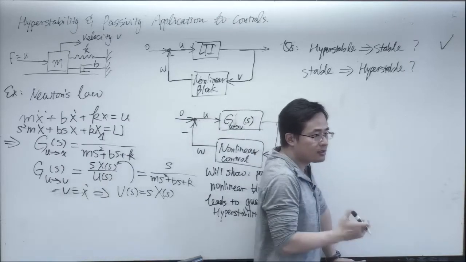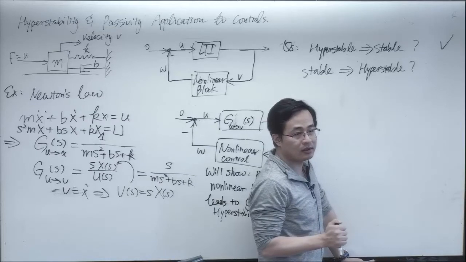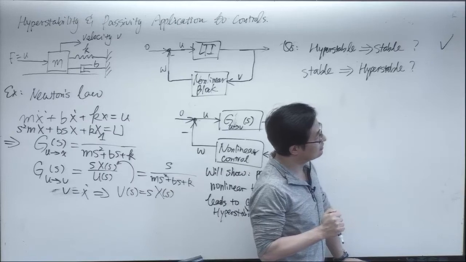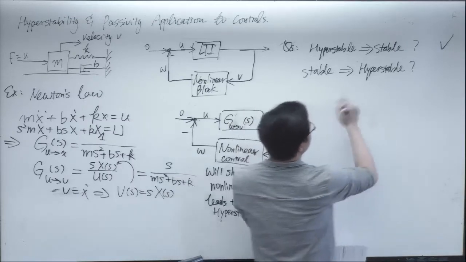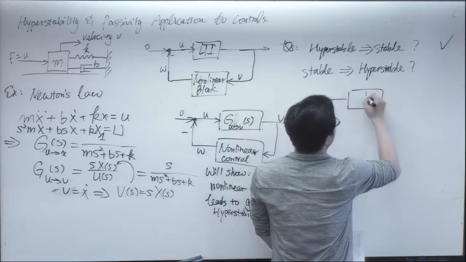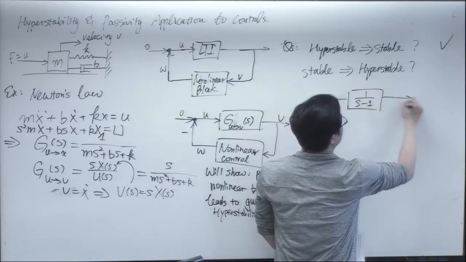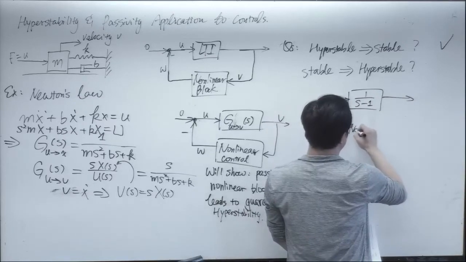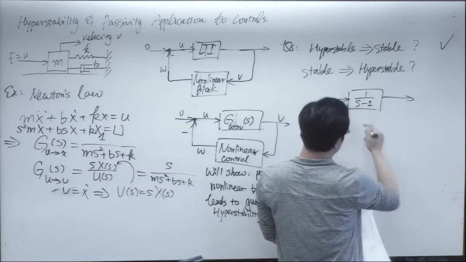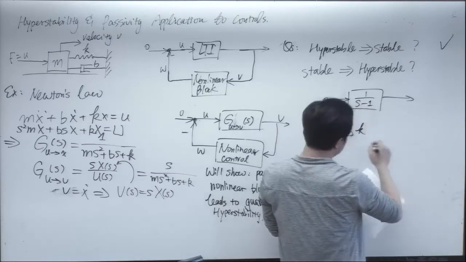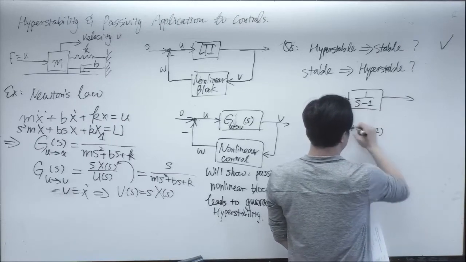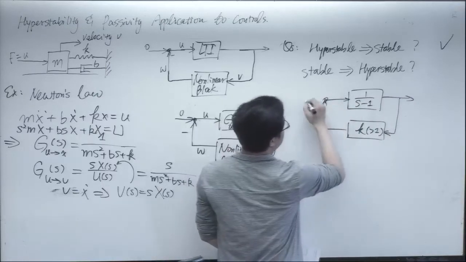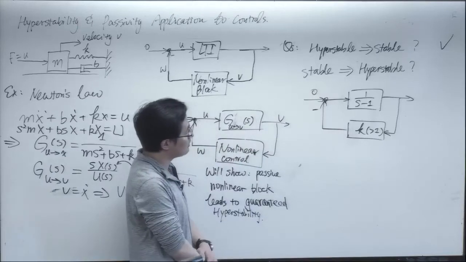All right? So this puts us into perspective how strong a requirement hyperstability is. As an example, let's think about a system that looks like this.